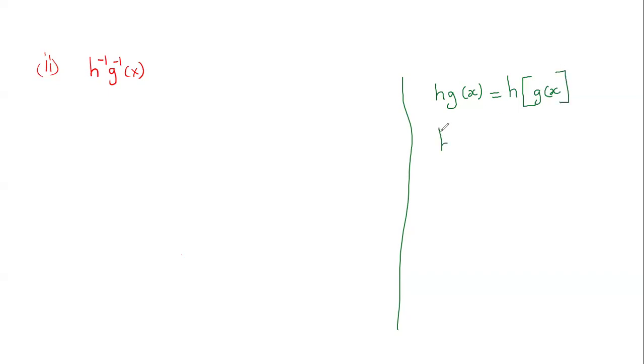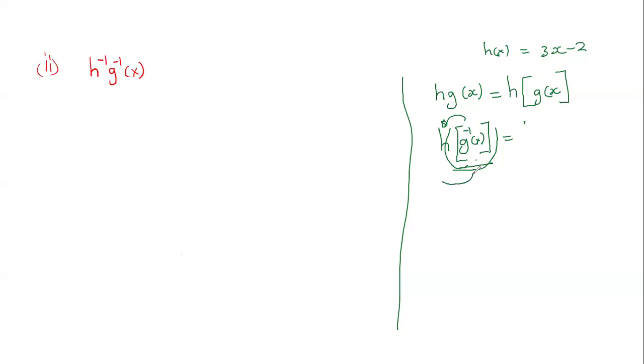Now, this time round, we had h and we had g inverse of x. So the whole of g inverse is going to be put in h. Our h was given by 3x minus 2. So what does it mean? It means that the whole of this, you carry it the way it is.